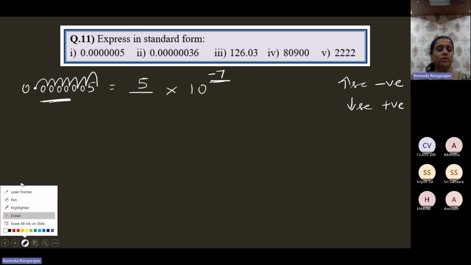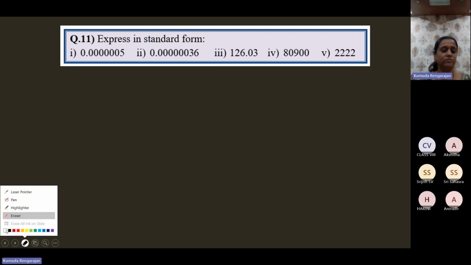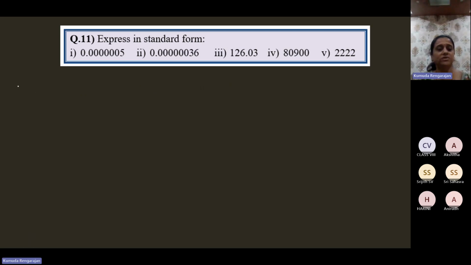So this is how you express a number in scientific notation or the standard form. Let's do it again. 0.000005. We'll have to bring this number to a value which can be 1 or anything more than 1 but less than 10.